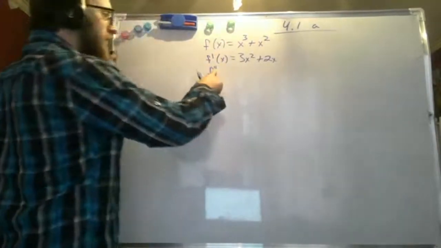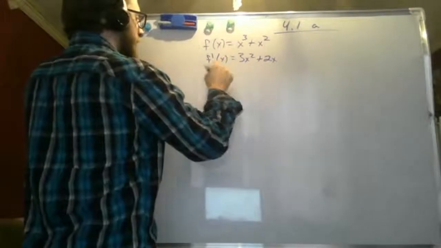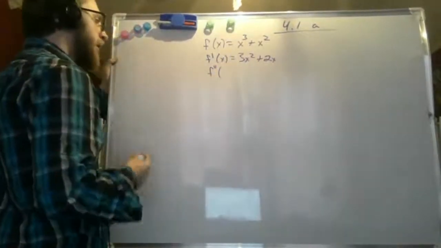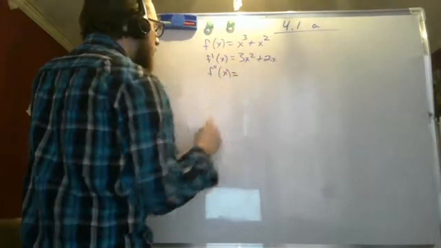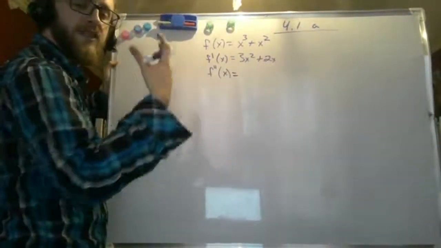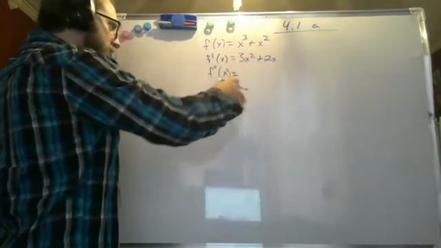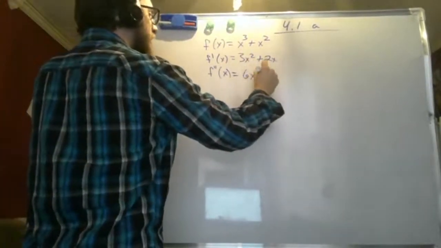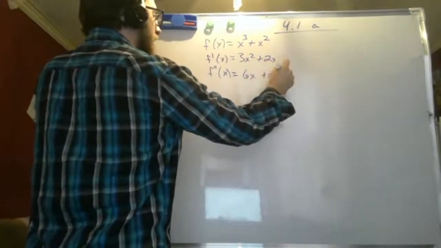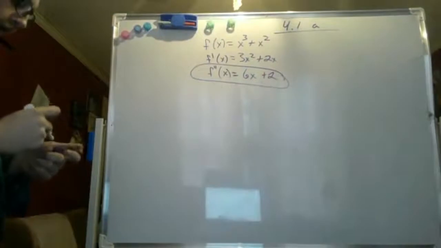So we'll write it notationally as f double prime, with two little prime symbols up there. So f double prime of x is equal to, taking the derivative a second time based off of the first derivative, 3 times 2, that's 6x plus 2. And now I have a second derivative.